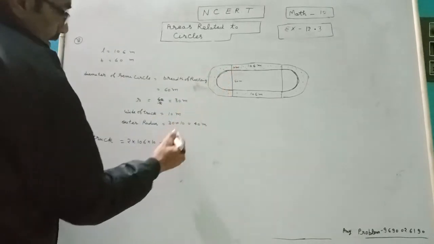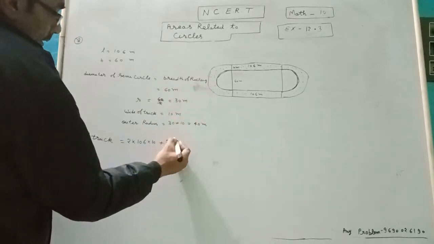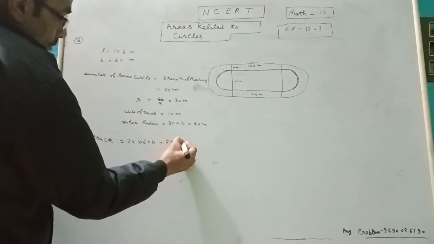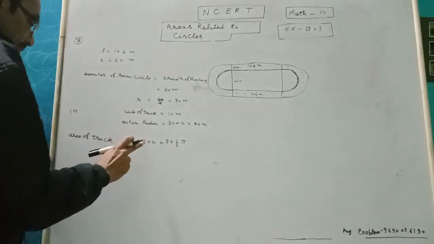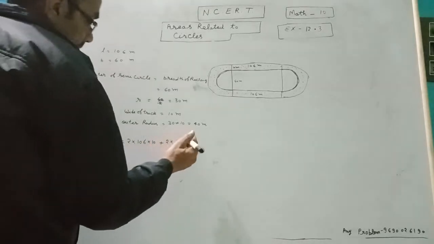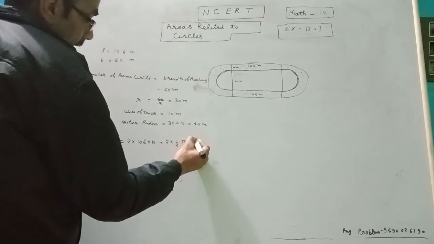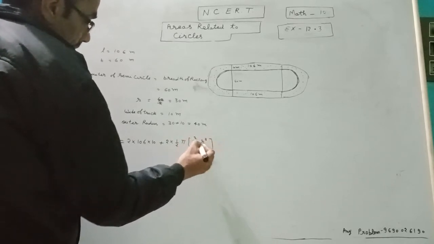Two semicircles: 2 into 1 by 2 pi, capital R square minus small r square.